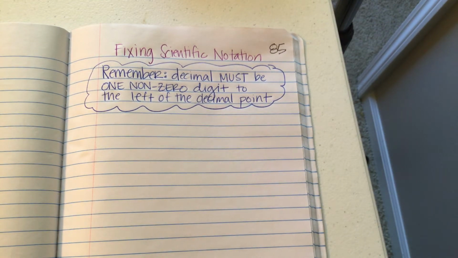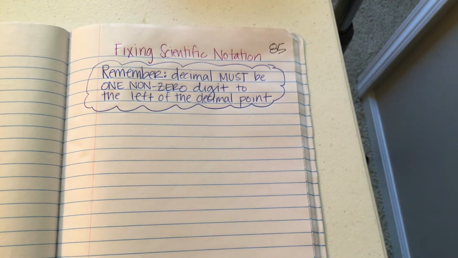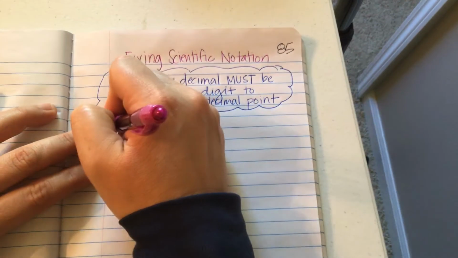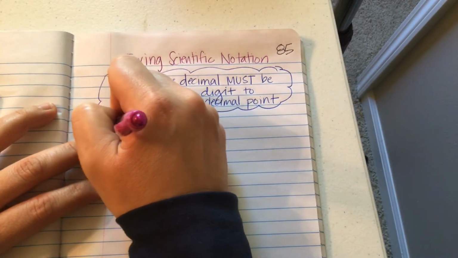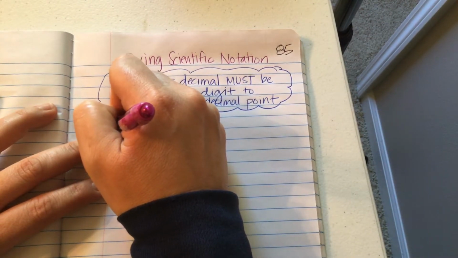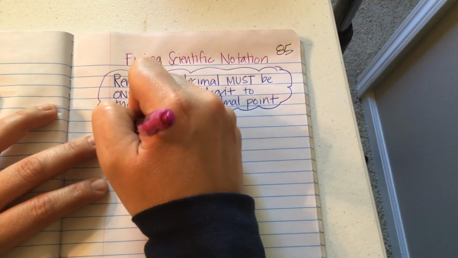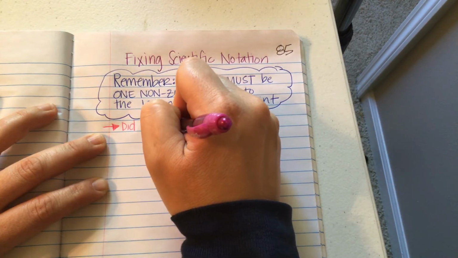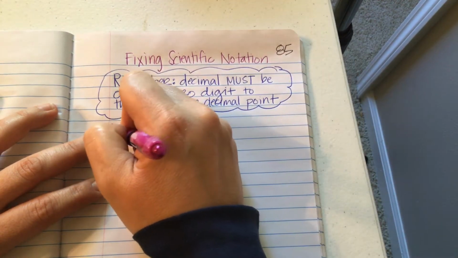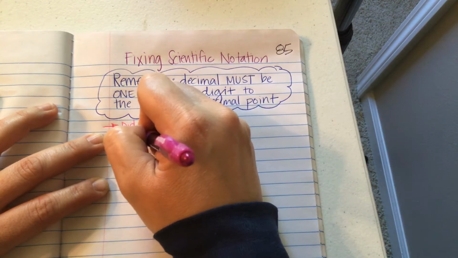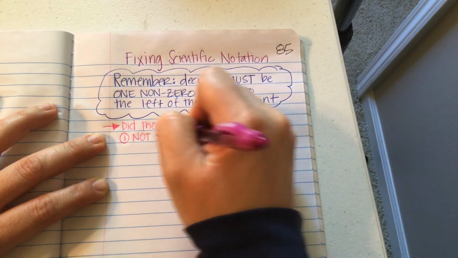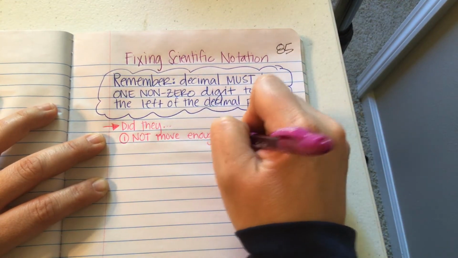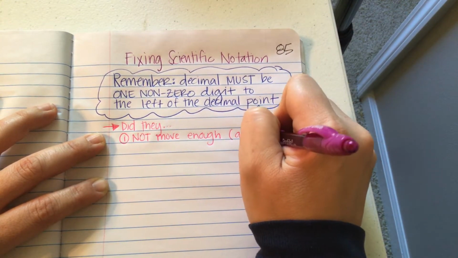And we're just going to hop right in with some practice, because our rules for this are: you need to ask yourself these questions. When you look at these problems, ask yourself, did they one, not move enough? So you need to add moves.